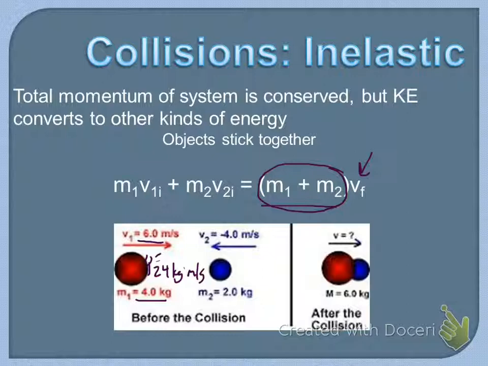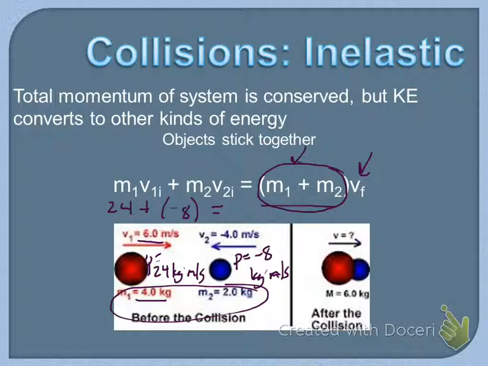The momentum of object 2 moving towards it, it has less mass and less velocity, so it has 2 times -4, or a momentum of -8 kilograms times meters per second. So if we look at M1 V1i plus M2 V2i, we have 24 plus -8 on this side. Now, adding our two masses together, 4 plus 2 kilograms, gives us 6 kilograms times our velocity after the collision.